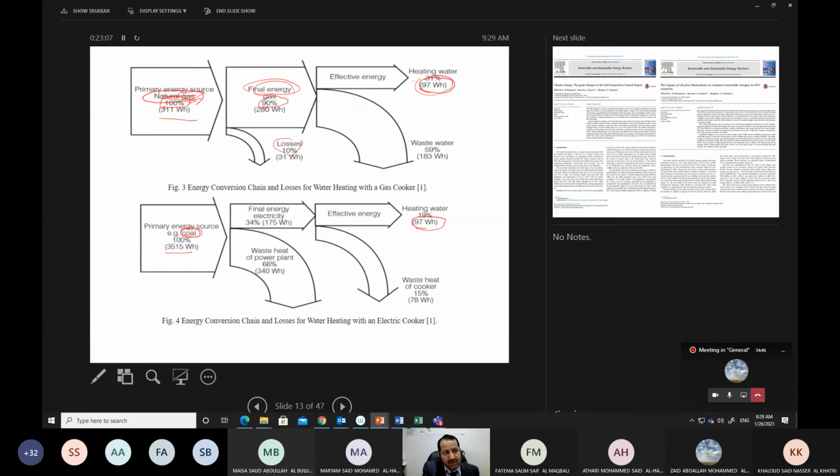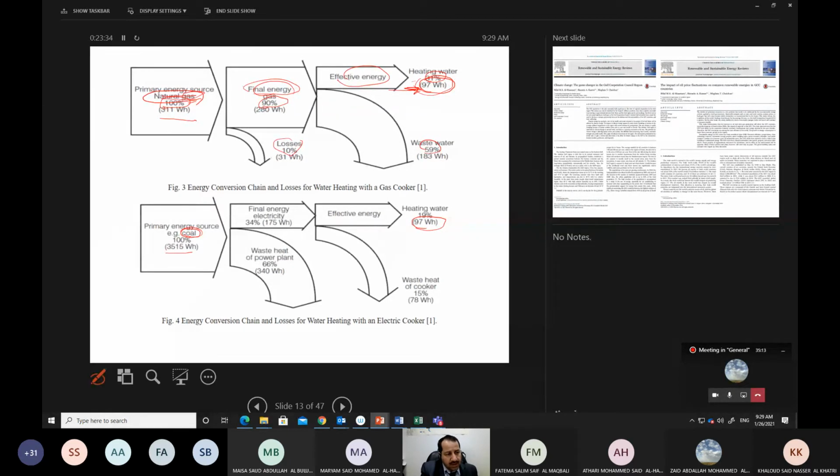And of this final energy, the effective energy, which is the one I'm looking for, 97, is 31%, and around 60% is losses. When you cook at home on the cooker, you produce heat, but it is dissipated. Part of it will be taken by the container to cook food.